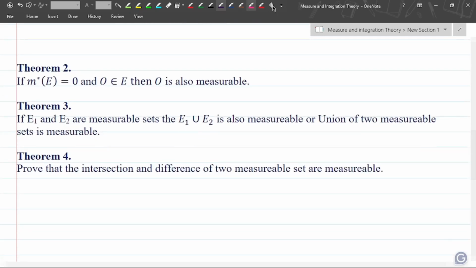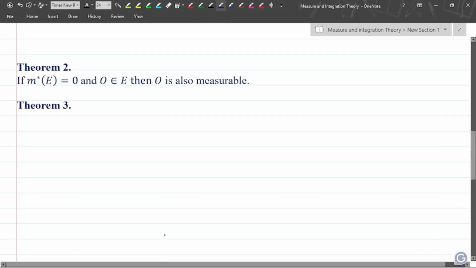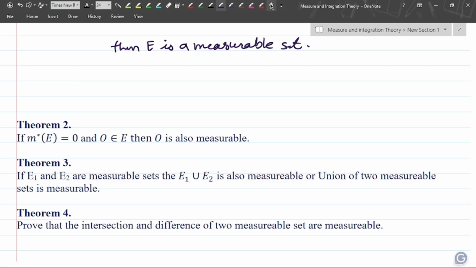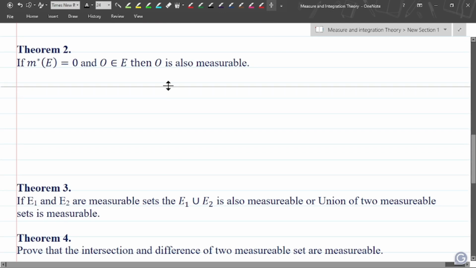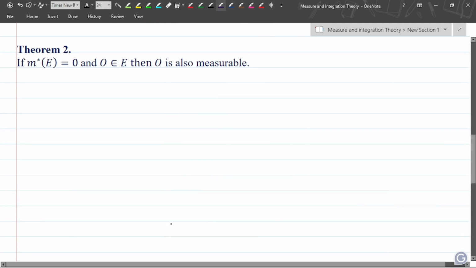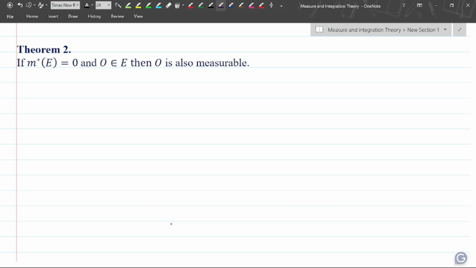Now the next theorem we have: if the outer measure of E is equal to 0 and O is a subset of E, then O is also measurable.